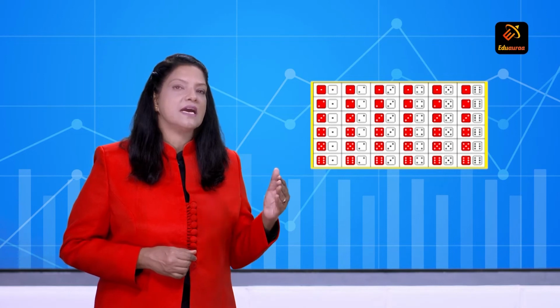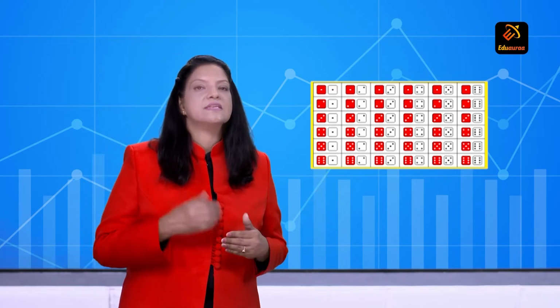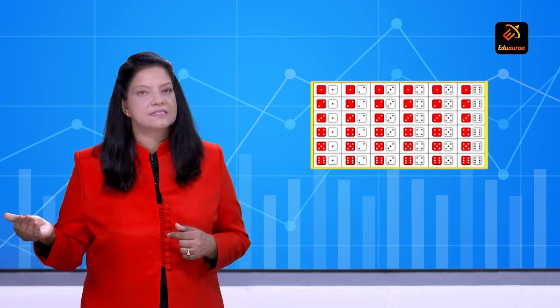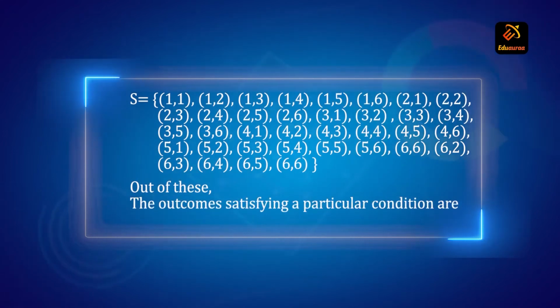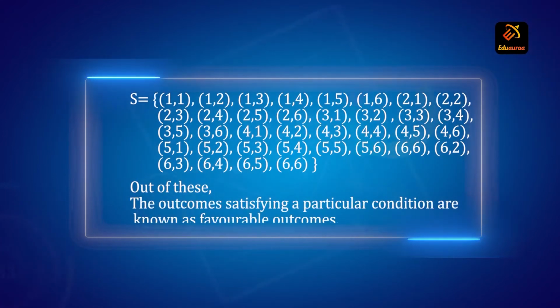Similarly, when the first dice is showing 2, the second dice can show 1, 2, 3, 4, 5 or 6. This way, if we list, we will get how many total? 36 possible outcomes.